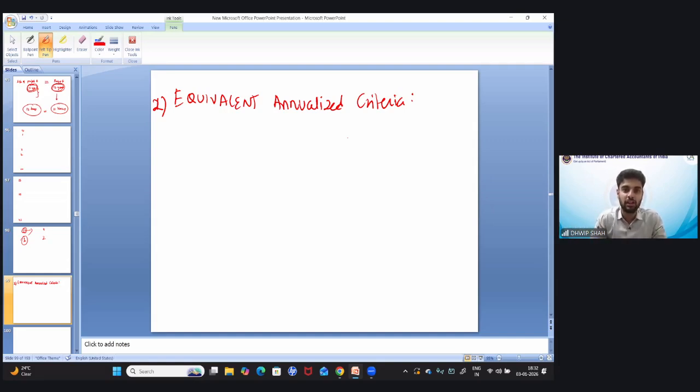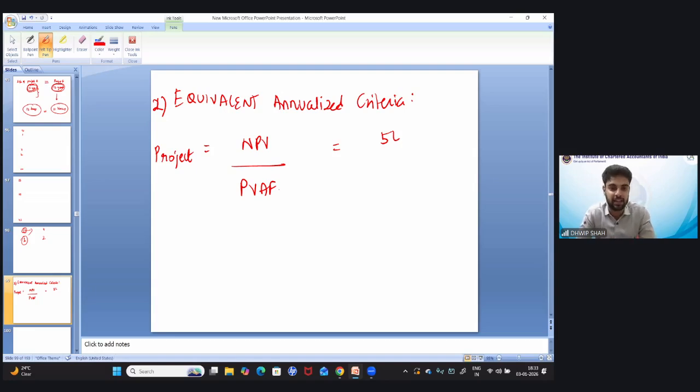Followed? So what does the equivalent annualized criteria say? It says simply divide the NPV by its PVAF factor. So for project A, whatever NPV came, let's say 5 lakh for example, simply divide it by its PVAF factor.